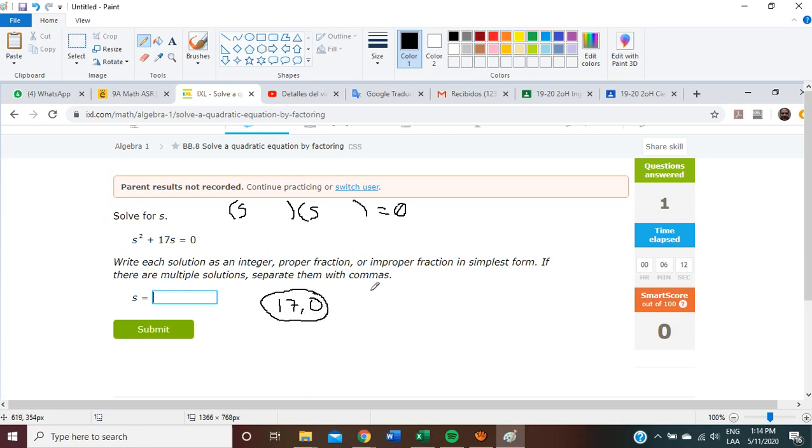So what happens when I multiply 17 times 0? It equals 0, so the first condition is fulfilled.